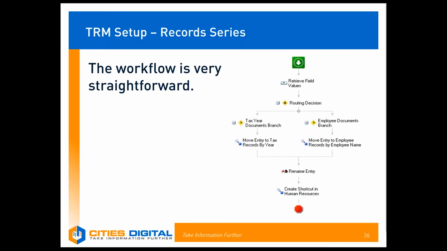Then we just file the record into the records series, again, based on whether or not it's a tax document or the other type of documents that we have there. Have a simple rename entry, and then the last step is to create a shortcut up into the human resources area so that your human resources user can see those documents.